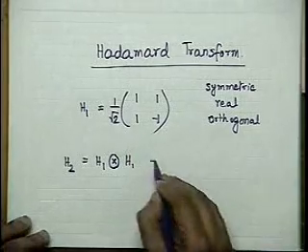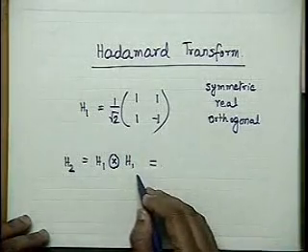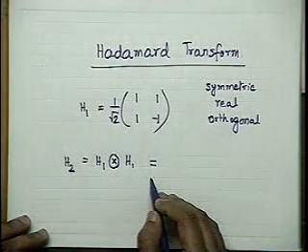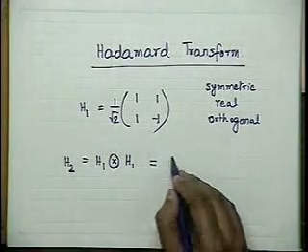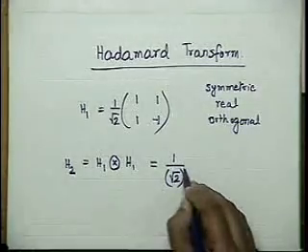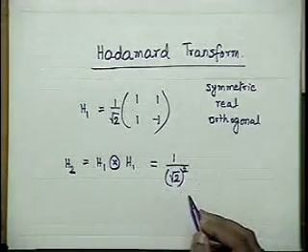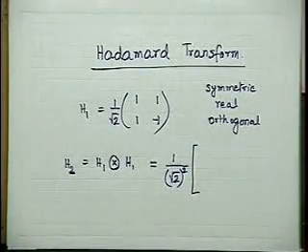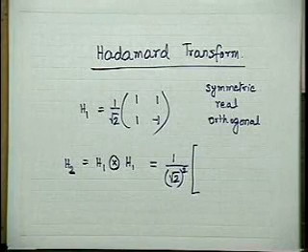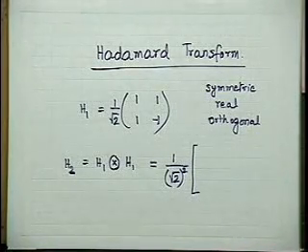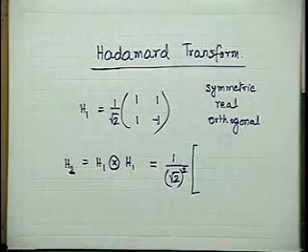So can you tell me, if I take the Kronecker product of H1 with H1, what does that result? 4 by 4. I get the multiplication factor as 1 by root 2 square, that means to say it becomes half. And after doing the Kronecker product, just tell me the block matrix form.